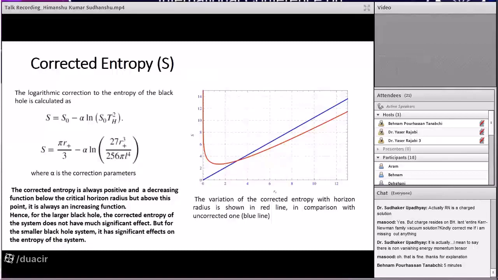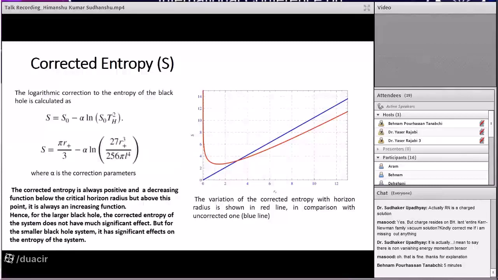From the values of S₀ and T, it is found that the corrected entropy of the system is equal to πr₊/3 − α ln(27 r₊³/(256π L⁴)).